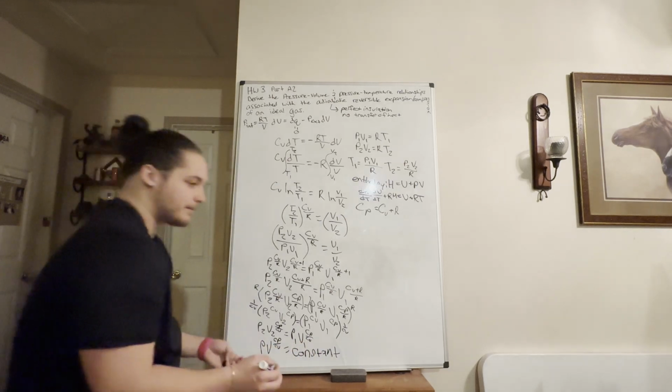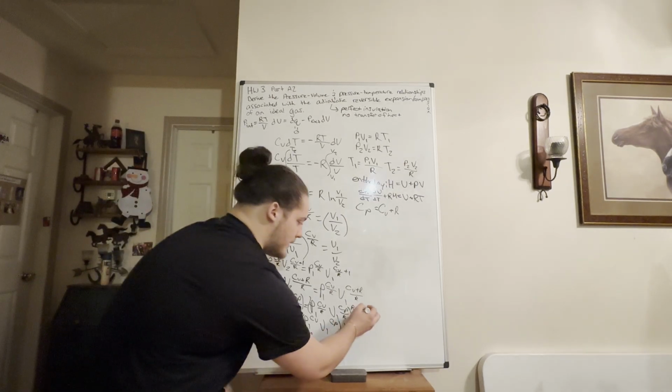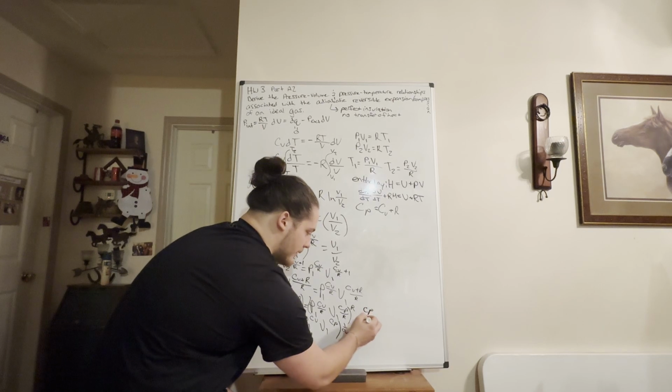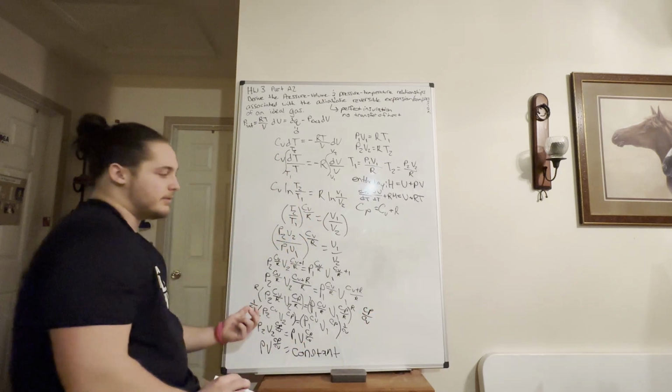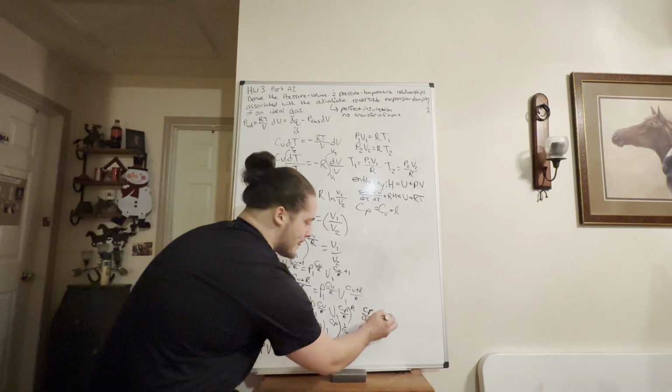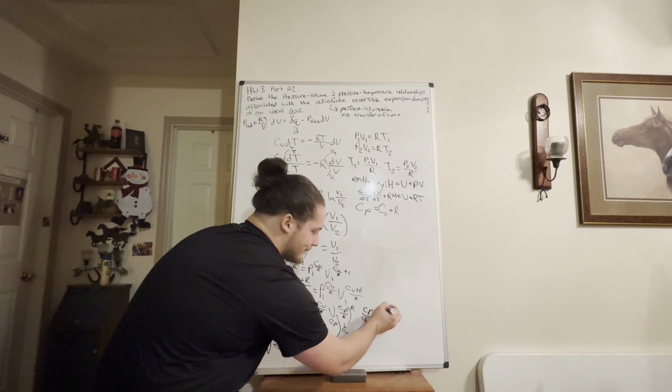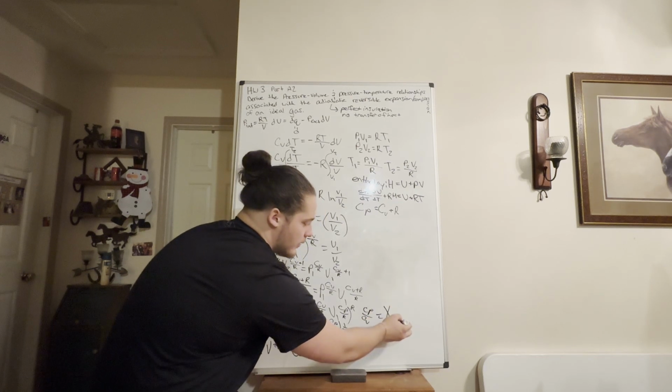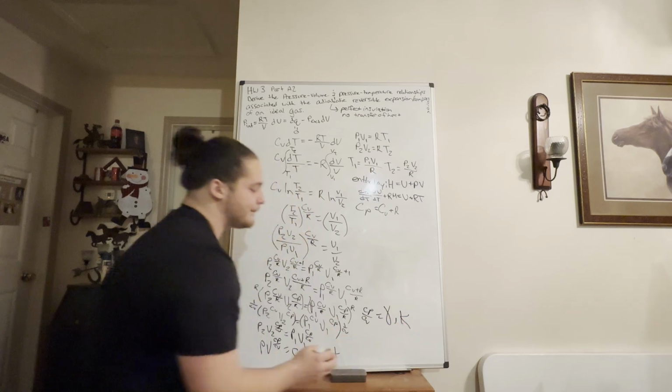And our CP over CV is going to be denoted by gamma or K.